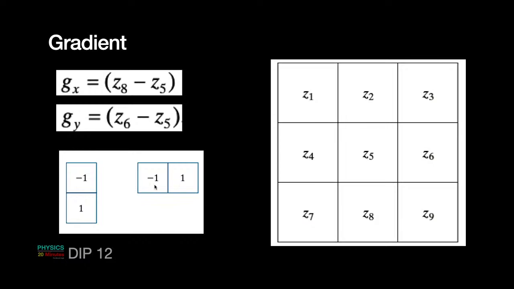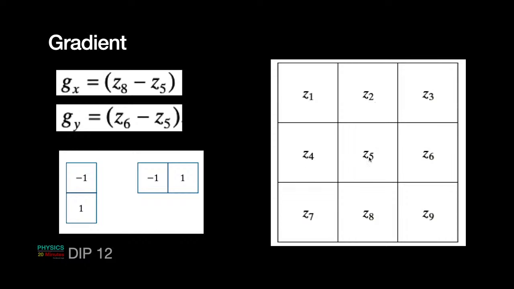When you are applying this, for example, minus 1, 1, put minus 1 here, put 1 here, and do your convolution, that is the sum of products. Then you will get z2 minus z1, 1 multiplied by z2 minus 1 multiplied by z1. Then add them. You get z2 minus z1. Then this shifts to the next two. You get z3 minus z2.